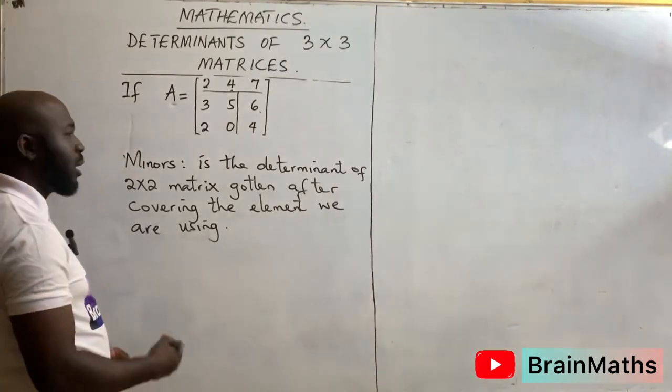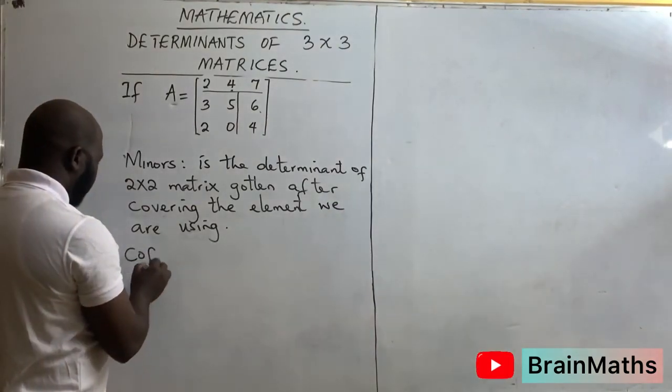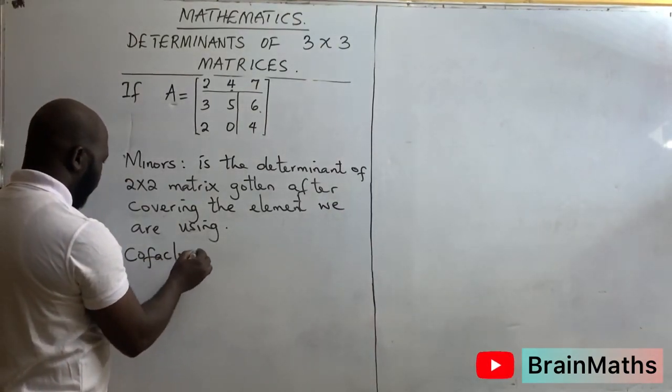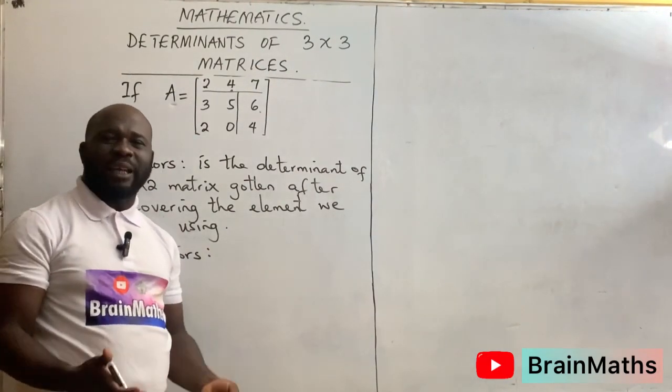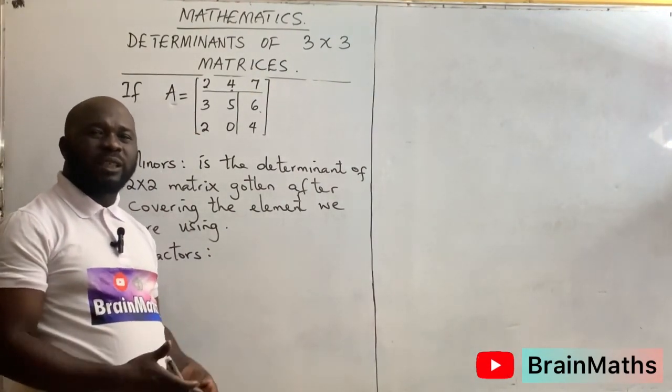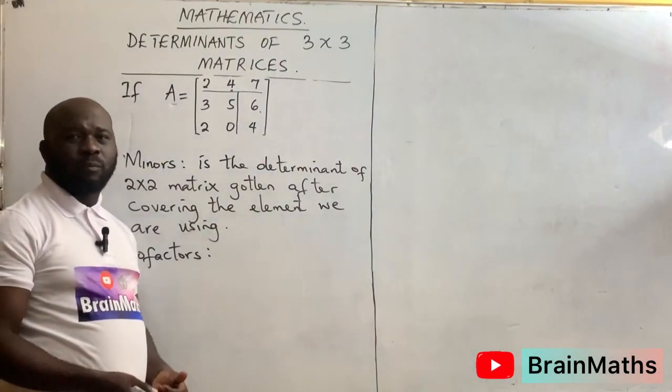Then, the other thing we need to understand is what we call the cofactors. The cofactors are just the signs that will be placed in front of each of these minors.